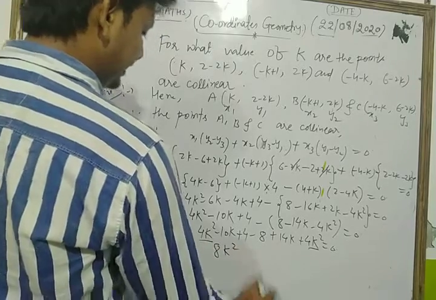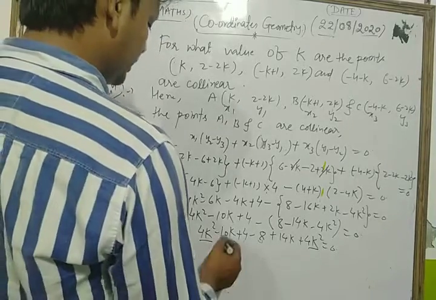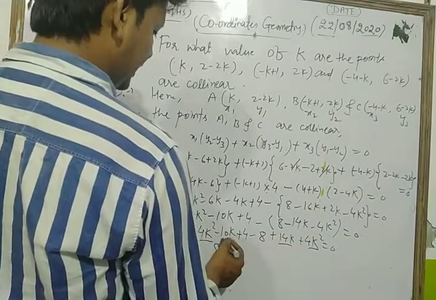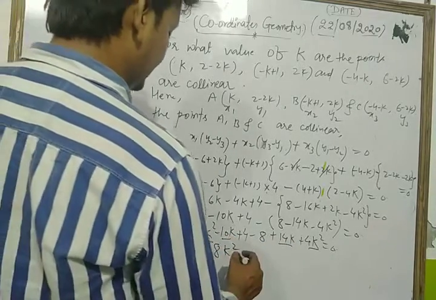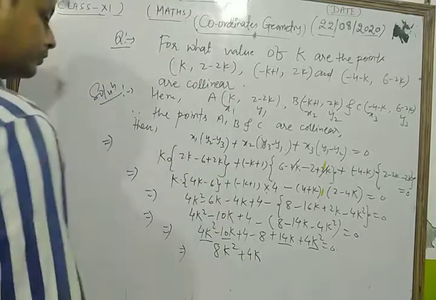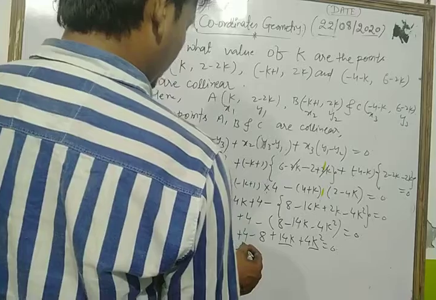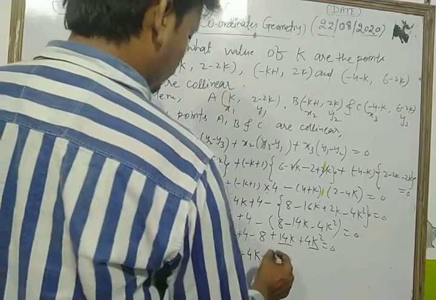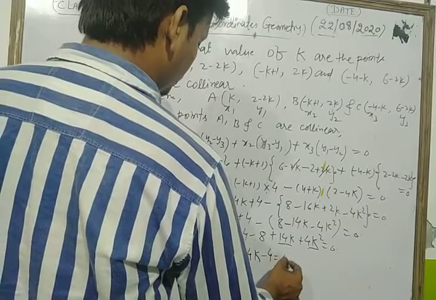So we write 8k square. Now dear students, here minus 10k and plus 14k, we get plus 4k. Now plus 4 minus 8, we get minus 4 is equal to 0.